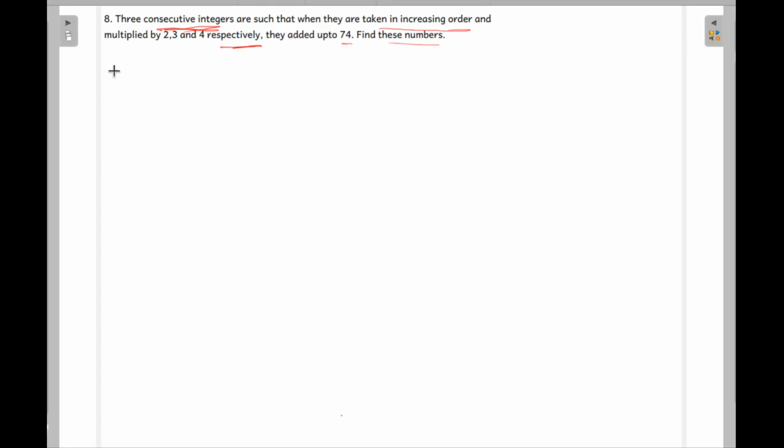So let the 3 consecutive integers be x, x plus 1 and x plus 2. If they are taken in increasing order, it is already in increasing order: x, then x plus 1, then x plus 2.